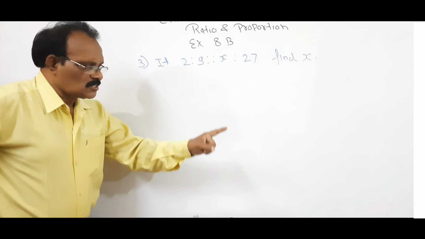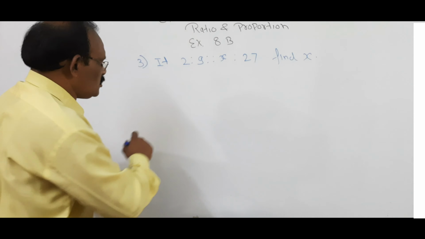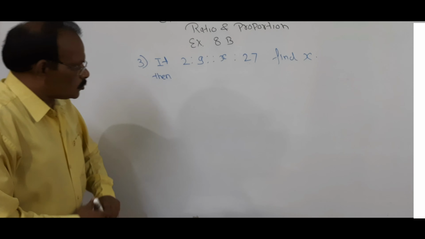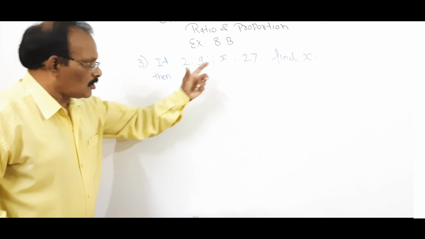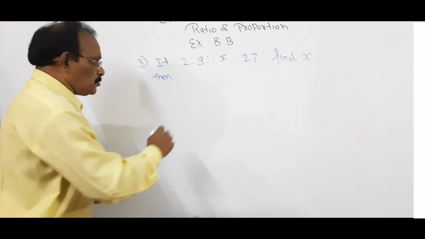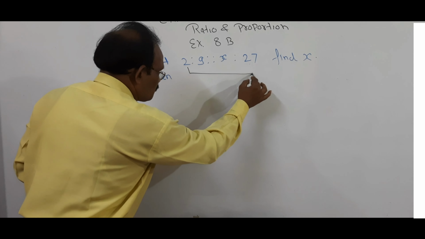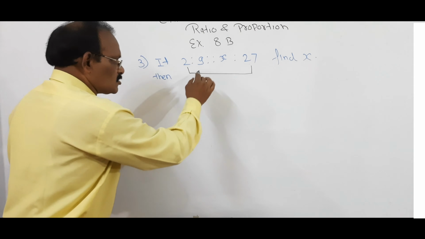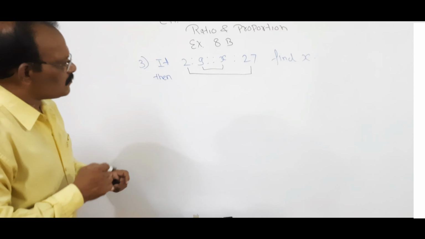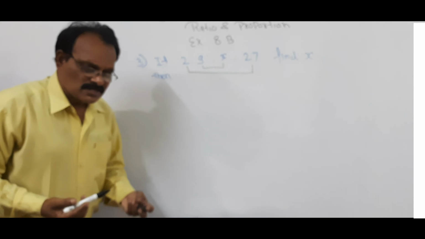If they are in proportion, what do we have to do to find x? We know only one rule in exercise 8b: the product of extremes is equal to the product of means. Where is x, in means or in extremes?